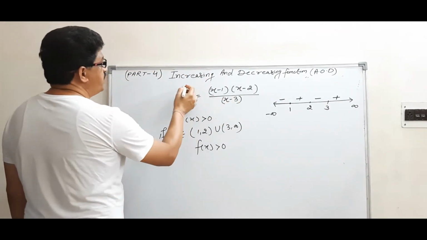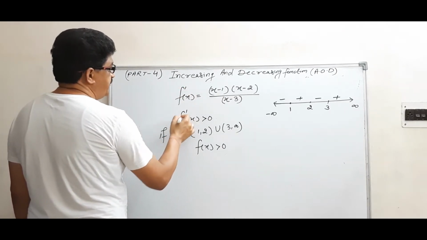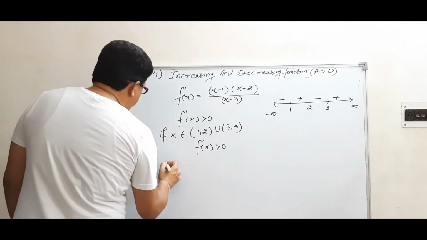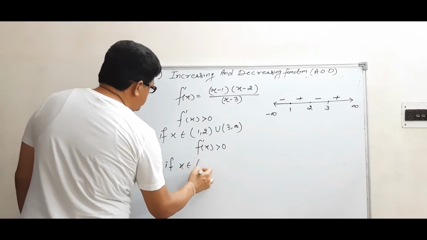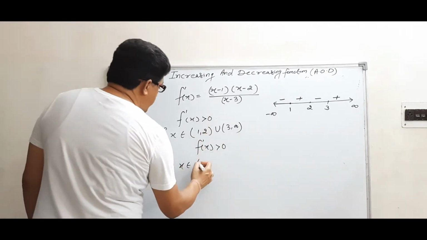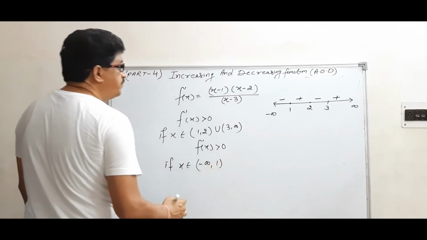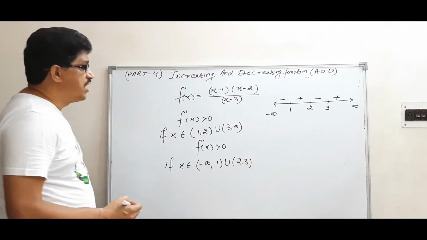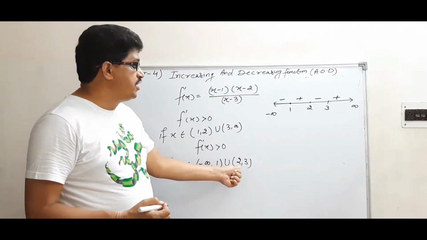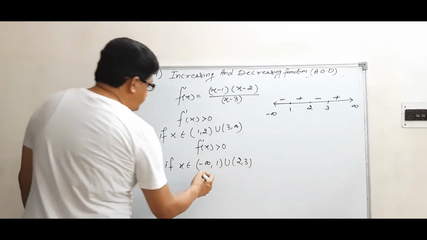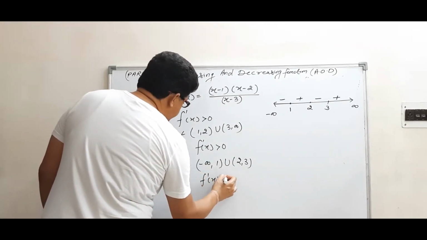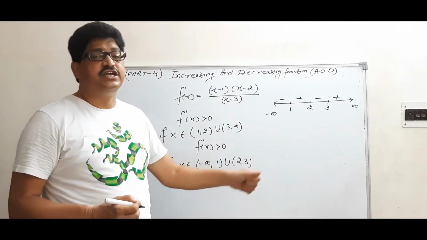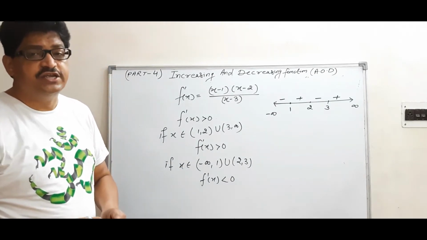To avoid confusion, we can put f'(x) here. If x belongs to minus infinity to 1 union 2 to 3, then f'(x) is less than 0, or we can say in this interval this function is decreasing or strictly decreasing.